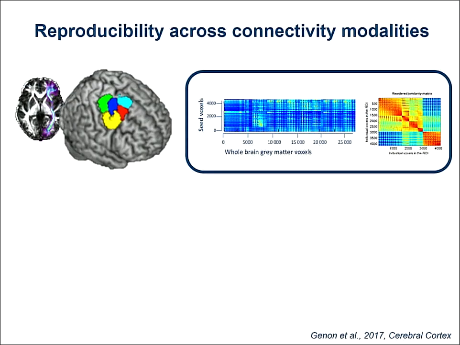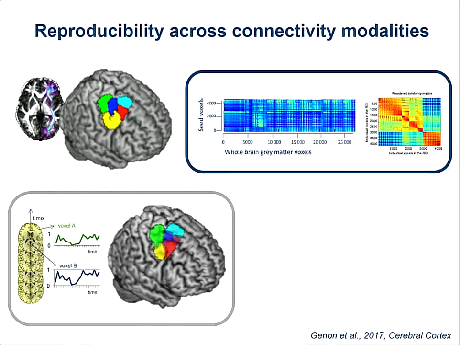So one additional way to try to gain some confidence in the biological validity is also to look at different features. This is what we did here. We parcellated the right dorsal premotor cortex based on structural connectivity, and then we ran a similar approach but based on resting state functional connectivity. And we could basically replicate the pattern that we got.